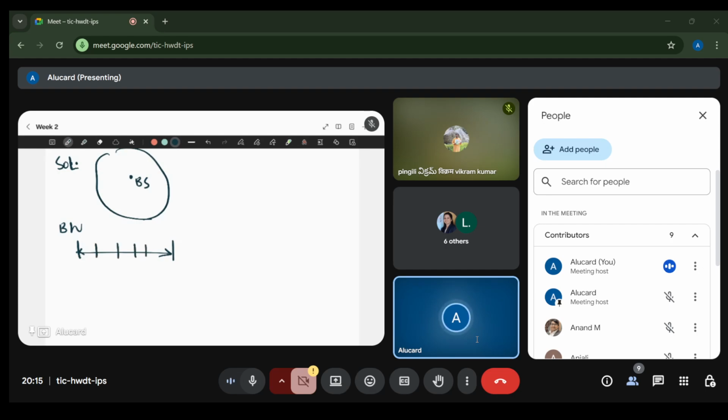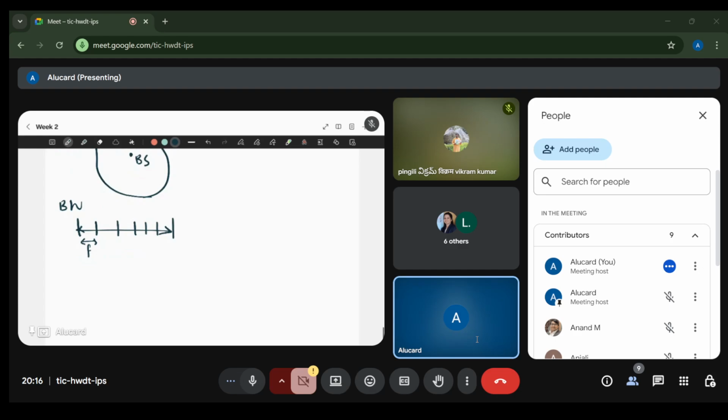So you have to split the bandwidth into channels. Each channel, let's say, has some frequency f. What is the number of channels you can have? It's the bandwidth divided by the frequency of one channel.